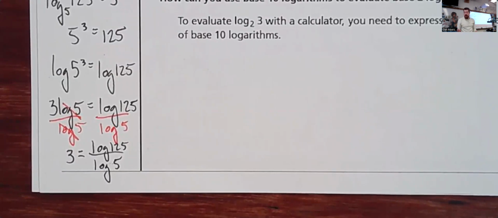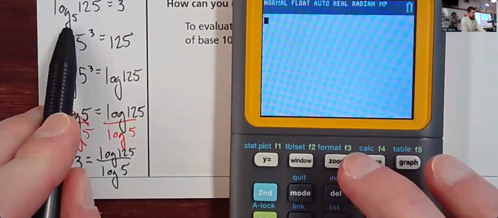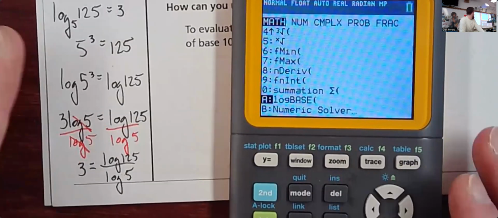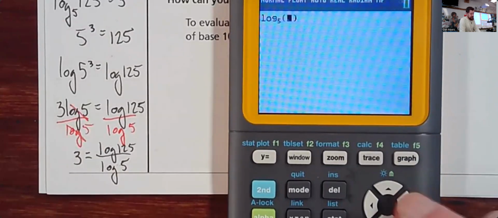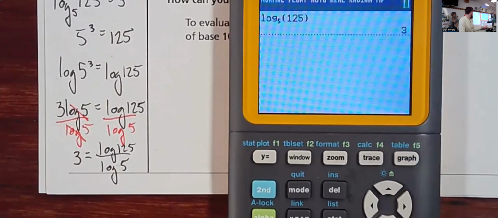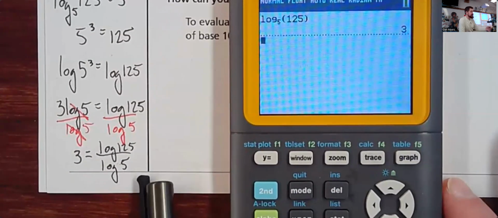Let's verify. So first thing, let's just go back and do the normal. Let's go to our log base. So click on math, scroll up a couple times, get to log base. Type in log base 5 of 125, and we should get an answer of 3, and we do. Because we knew that was going to be true. 5 cubed is 125. Once we have that, let's go to the bottom here and type this in without using log base, just using regular log.